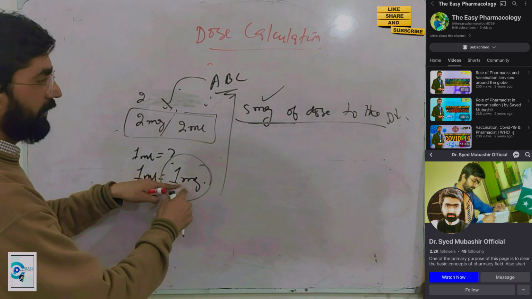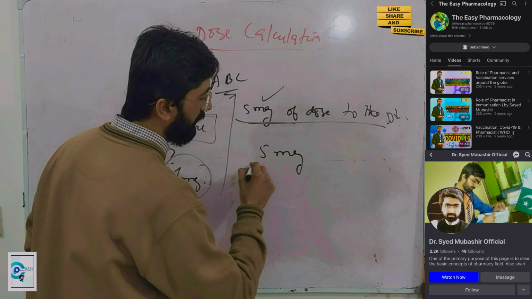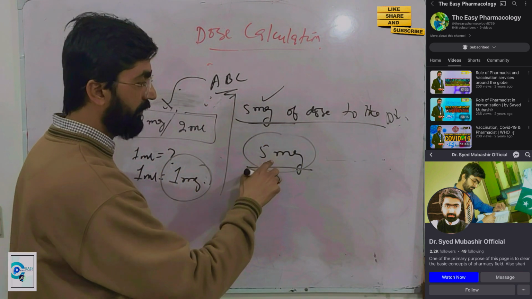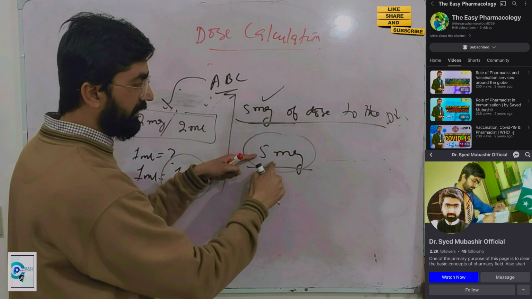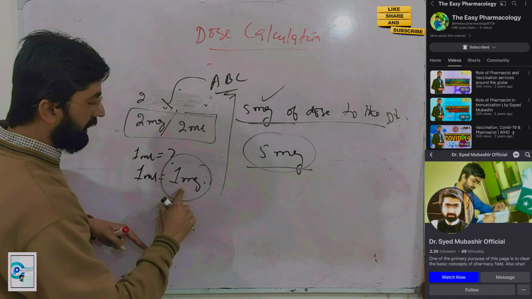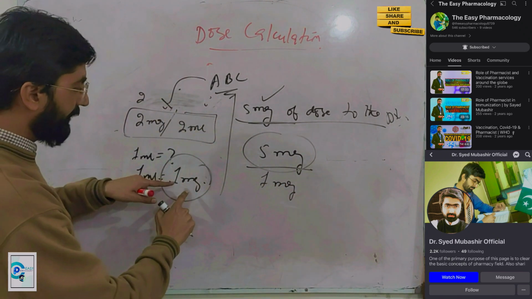In order to put this value, we will divide the given dose of the drug, the dose prescribed by the doctor, by this value, 1 milligram, which we have calculated.